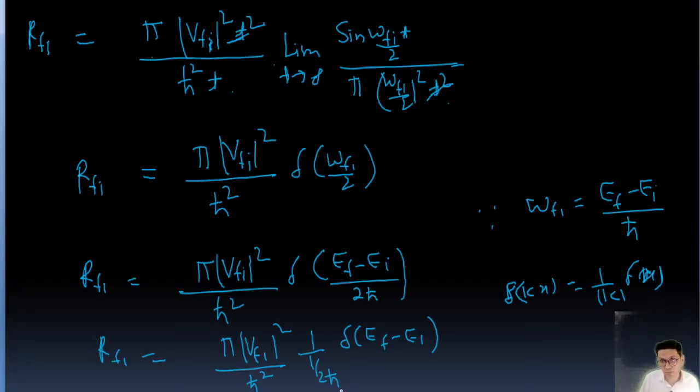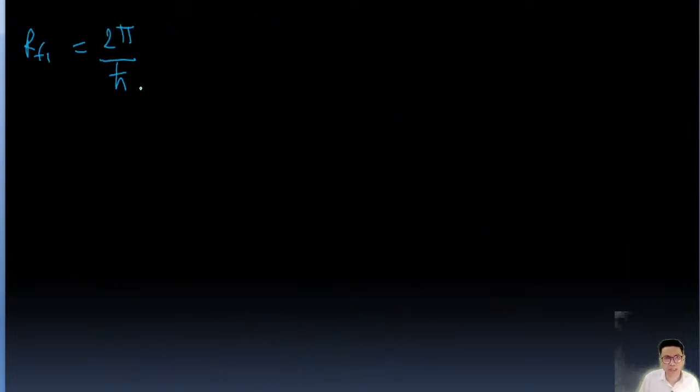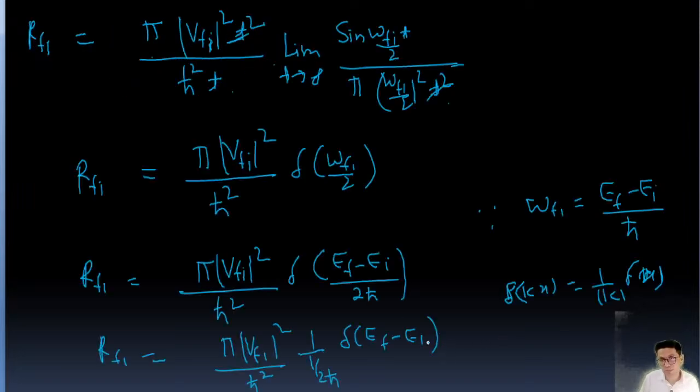Because one h cut will get cancelled. 2 pi upon h cut, and VFI mod square of VFI into delta EF minus EI, right? EF minus EI.